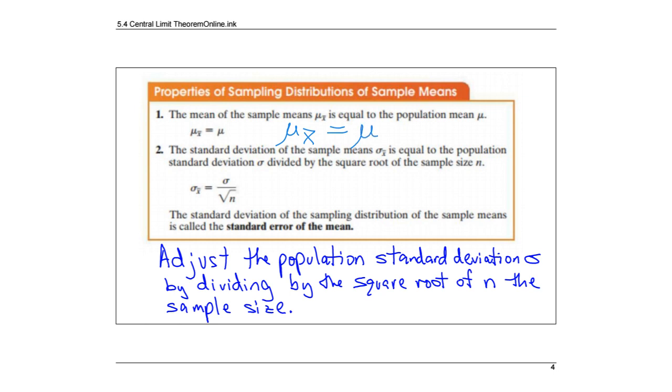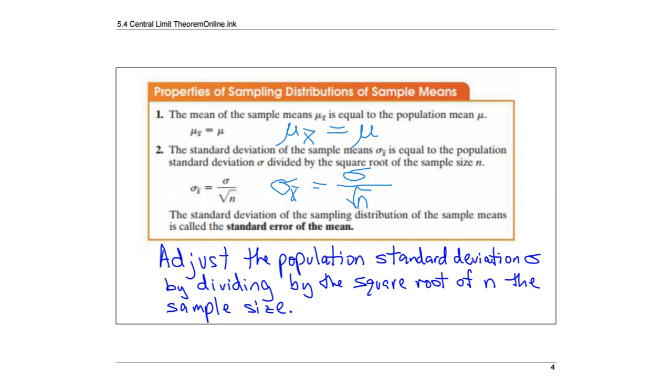Now, with the standard deviation, though, we have to adjust. While we're working with the standard deviation for the sample distribution, we're going to take the population standard deviation, and we're going to divide by the square root of n.